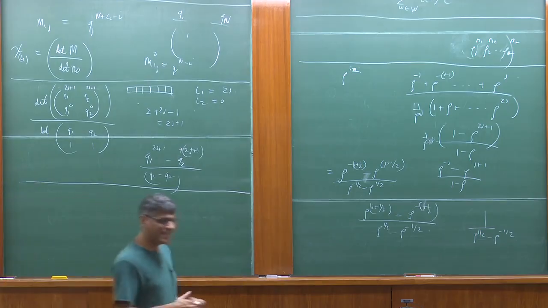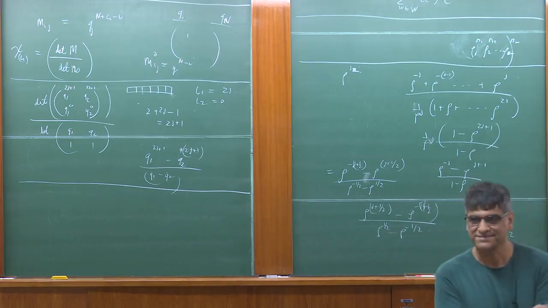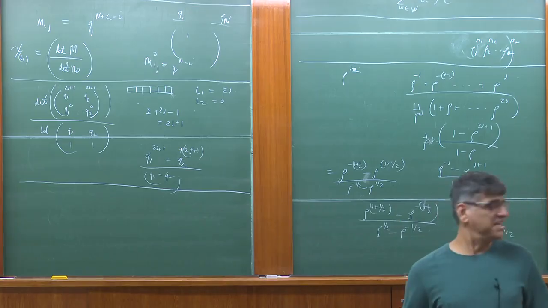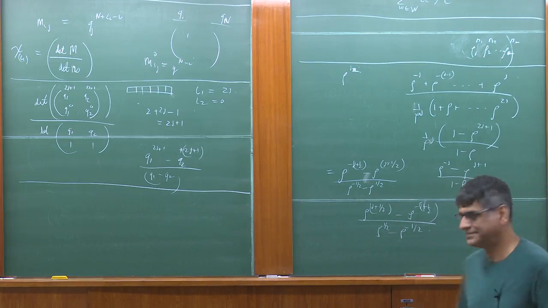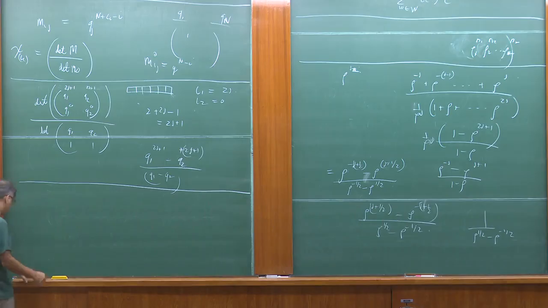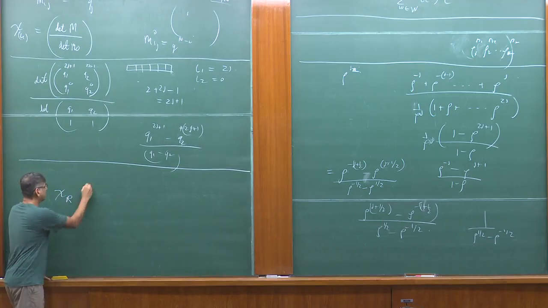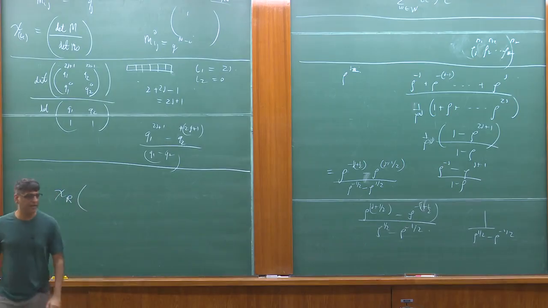Now, there is one other thing about characters that is often interesting. Let me say it in the context of SUN. Suppose I've got some character in representation R of a group element.